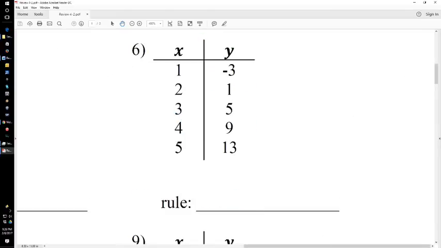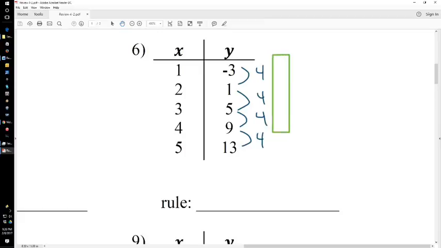Alright, for this one, again, just figure it out. 1 minus negative 3, that's 1 plus 3, that's 4. 5 minus 1 is 4. 9 minus 5 is 4. 13 minus 9 is also 4. So they're all 4s. So your first difference is the same. So it's linear. So your change in y is 4.